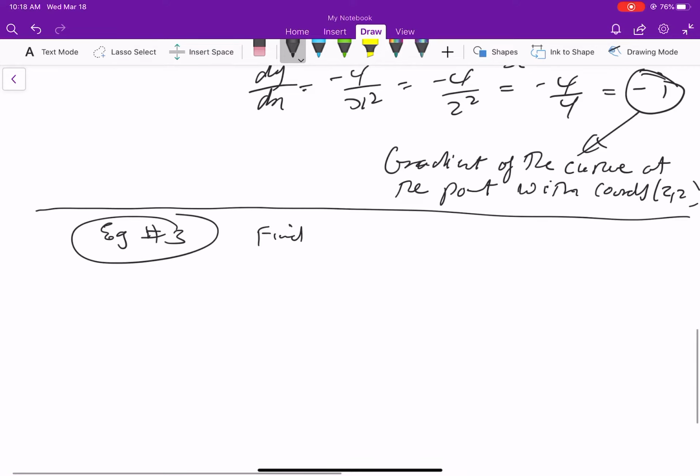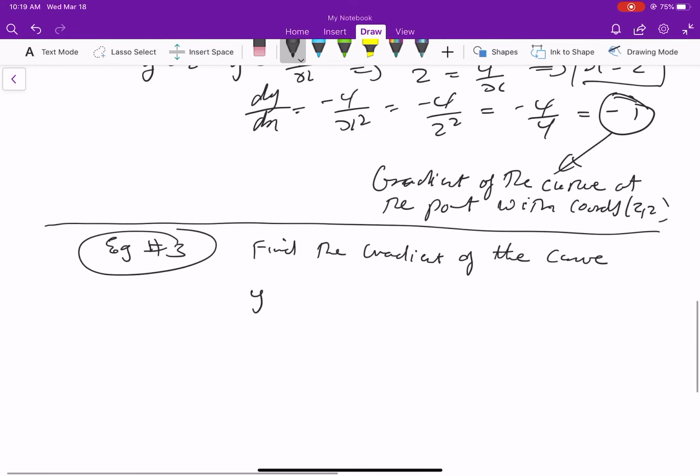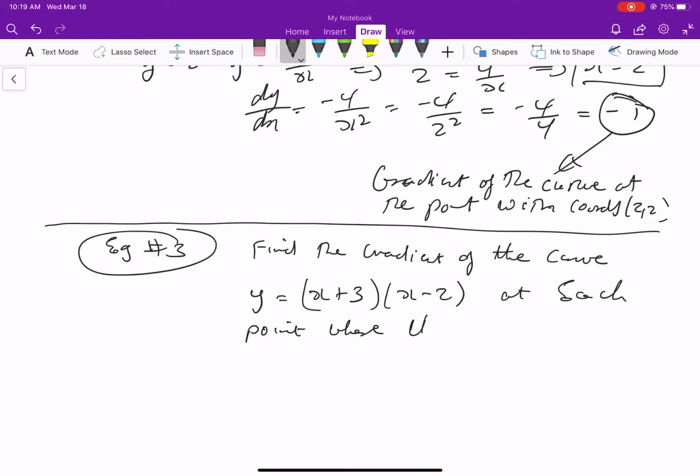Find the gradient of the curve y is equal to x plus 3 times x minus 2 at each point where the curve cuts the x-axis. Okay?